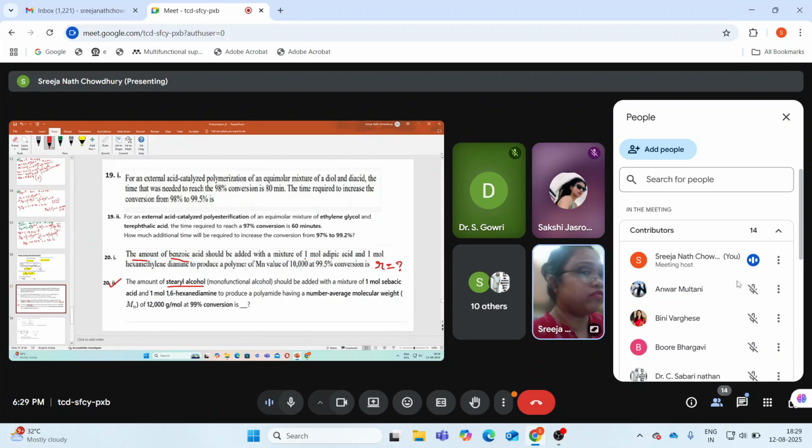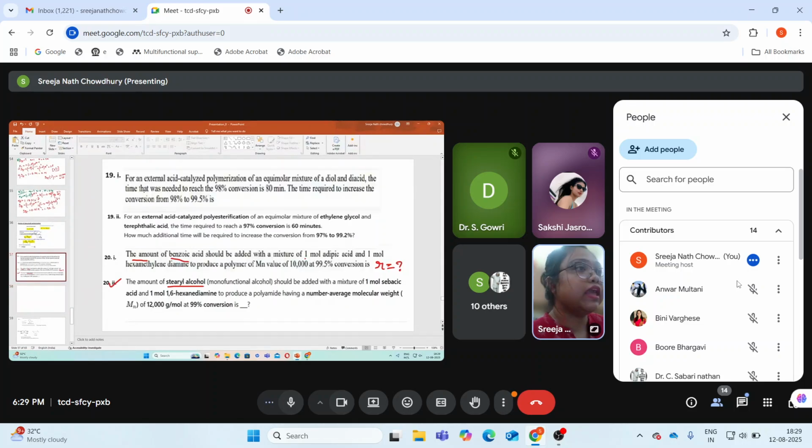Okay. So here, see, external acid catalyzed. So we will write Xn, this is our formula.